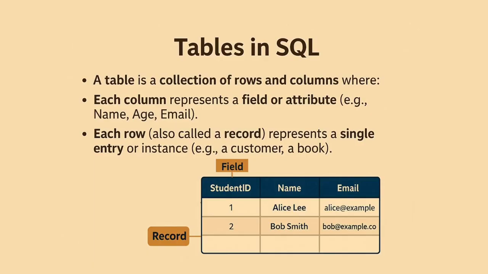Tables in SQL. A table is a collection of rows and columns. We can call the columns fields or attributes.